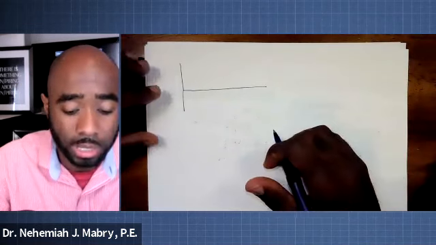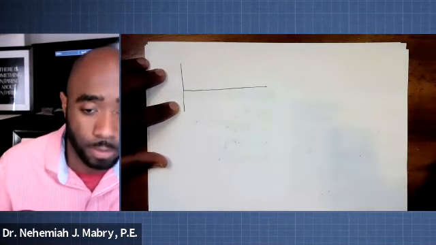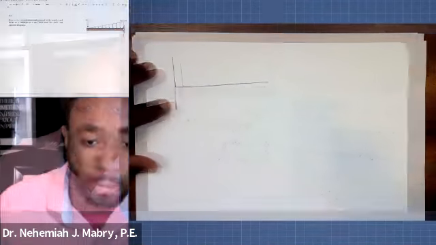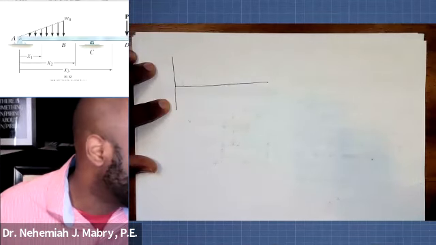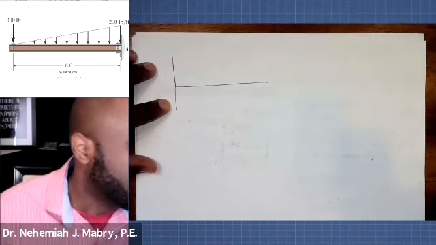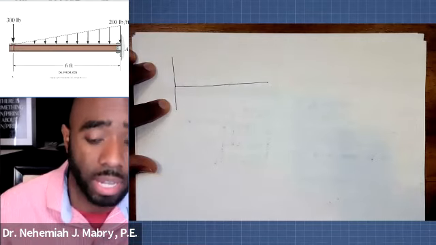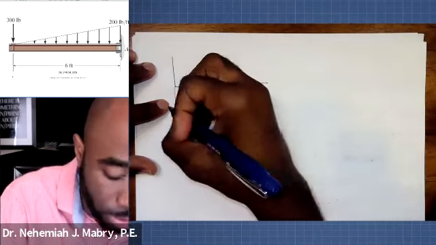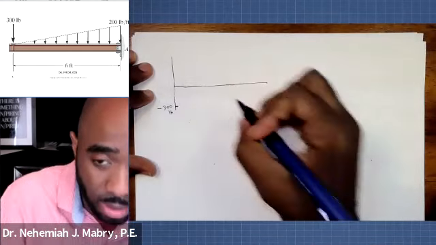So if we were to draw the shear diagram here, we're going to start things off at, let me bring this over here so you can see this. We're going to start off knowing that this 300 is going to start us off at negative 300. So we're going to have a negative 300 pounds here.